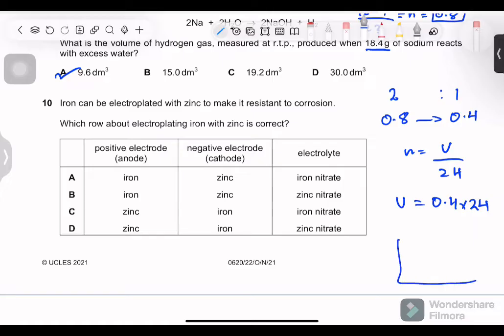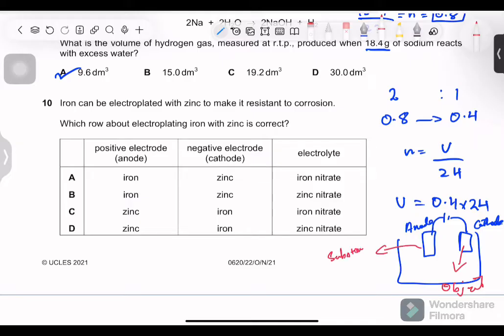For example, if this is the solution and this is the anode and this is the cathode, so this is what is being electroplated, the object, and this is the substance which is used for electroplating, and the electrolyte is made up of a salt of this solution, a solution of this salt.